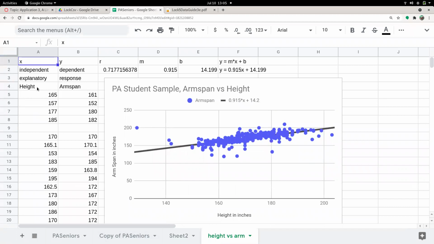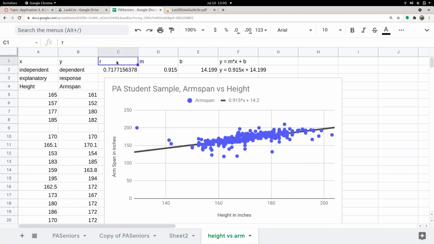All right, so I chose height versus arm span, and I made a scatter plot, and then, like before, drew the line through it. I made the line a little darker there. I got a little key that shows the arm span of the blue dots, and the black line is this expression there.